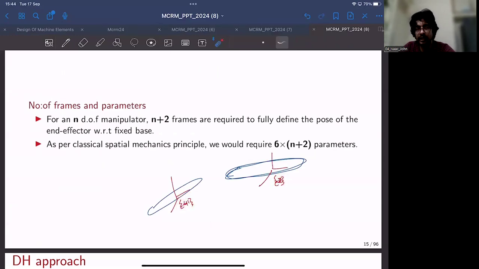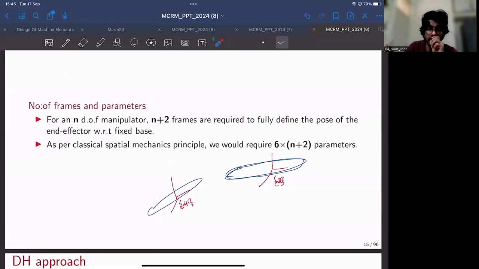So instead of that, if you are using this DH parameter method, you would only need 4 parameters, right? So it's a clever way of defining the relationship between two frames using only the transformations about the x and z axes. So 1 rotation and 1 translation about the x axis, 1 translation and 1 rotation about the z axis. So in total, we only require 4 transformations.